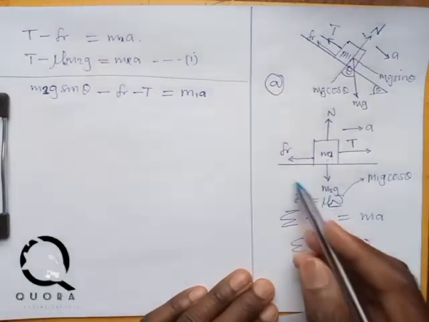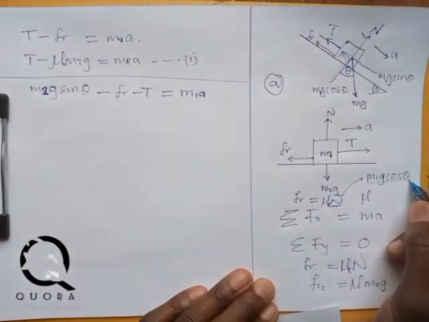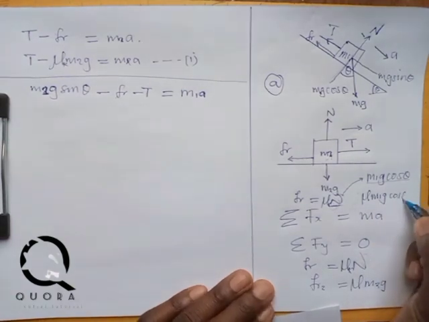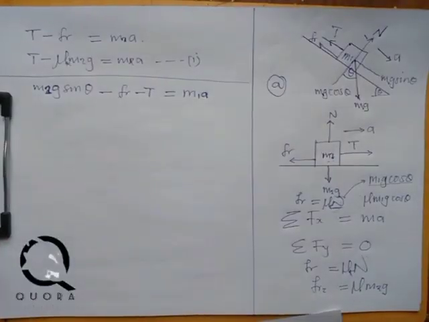So to find the friction force for this one, it has to be equal to mu times normal, which is M1 G cos theta. That's what I'll take and replace where there is friction force for this one.